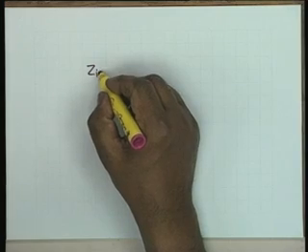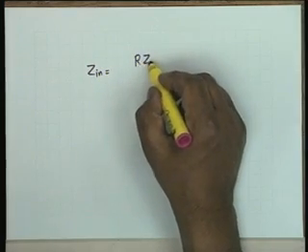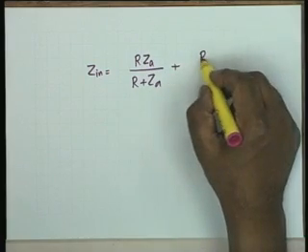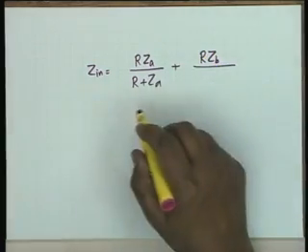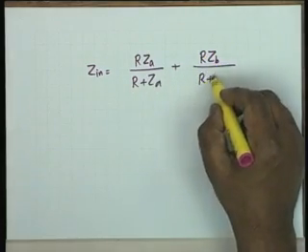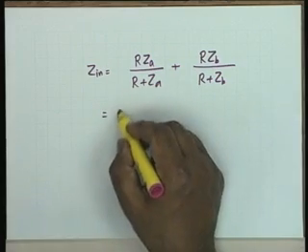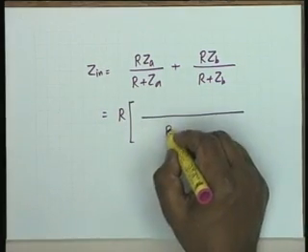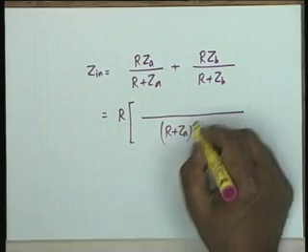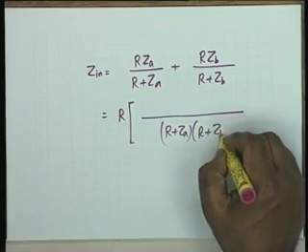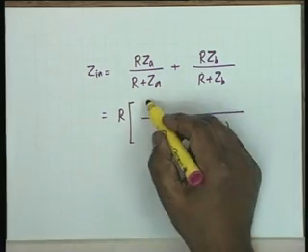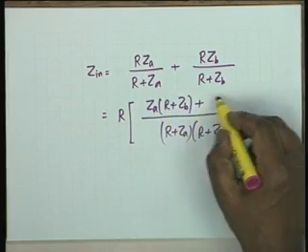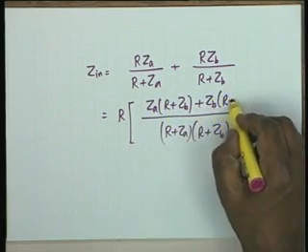Input impedance Zin is R ZA divided by R plus ZA, plus R ZB, two parallel combinations put in series. R plus ZB. Therefore this is R multiplied by R plus ZA, R plus ZB, and in the numerator you have ZA times R plus ZB plus ZB times R plus ZA.